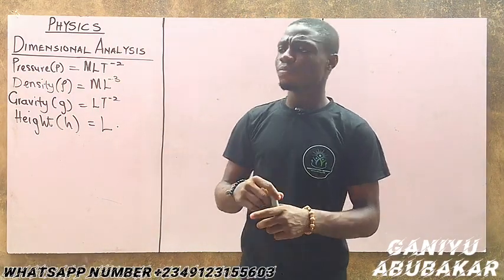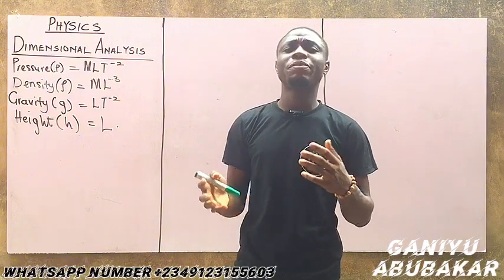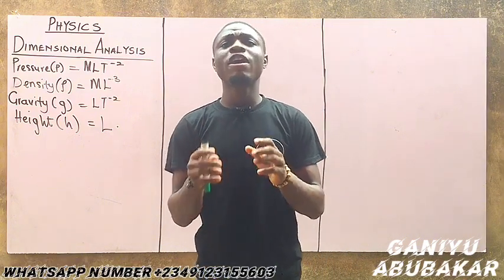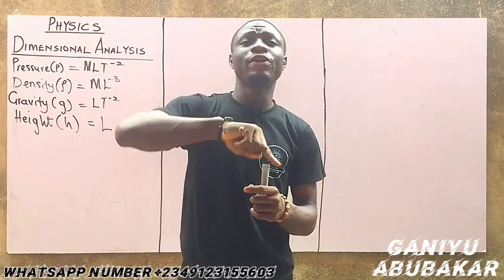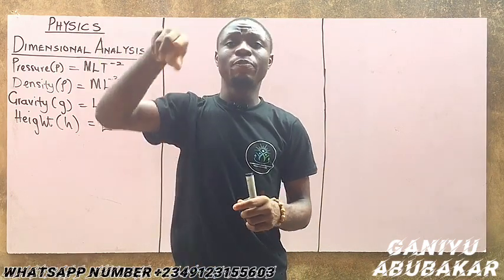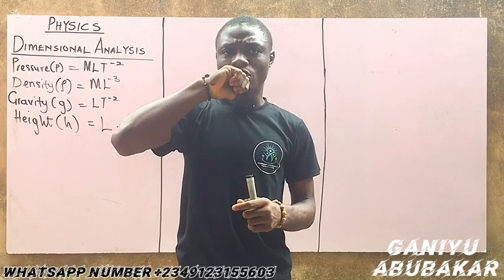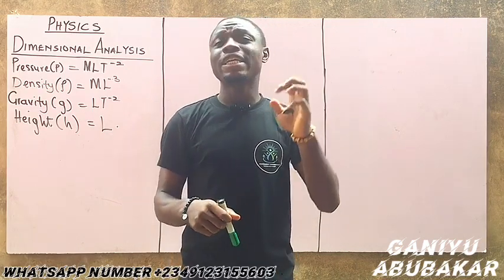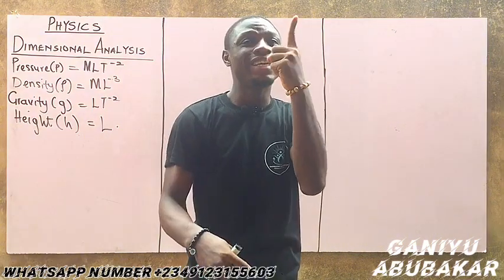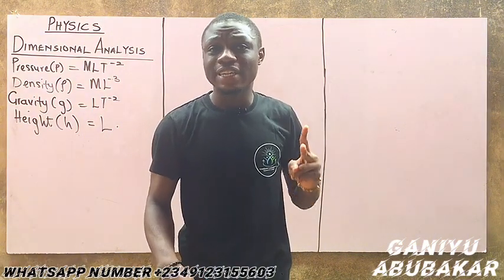When you are done, in mathematics, we represent dependence. For every question under dimensional analysis, one parameter will depend on the others. Check in the question which one depends on which. Here, pressure depends upon density, gravity, and height.